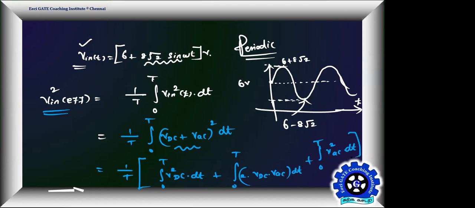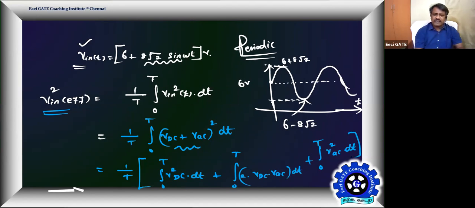Agree all of you? Yes, sir. Basic mathematics. A plus B whole square, A square plus B square plus 2AB. So I'm taking it as A square plus 2AB plus B square. After expansion, integration comes for each term. Then tell me what is 2VDC into VAC.